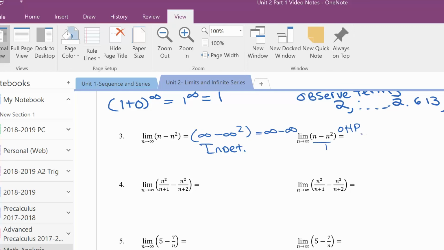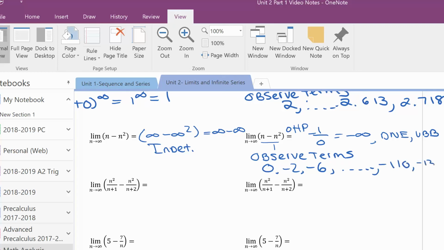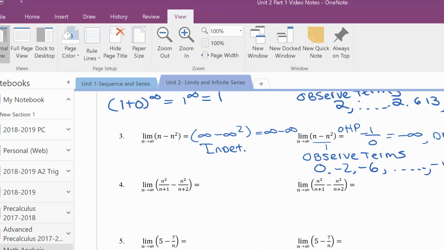So it'd be negative 1 over 0, which goes towards negative infinity, which means the limit does not exist because of unbounded behavior. And if you observe terms, you put it in your calculator, you would get 0, negative 2, negative 6, and then down the line, negative 110, negative 132. So notice it's getting smaller and smaller as the numbers get bigger and bigger for n.